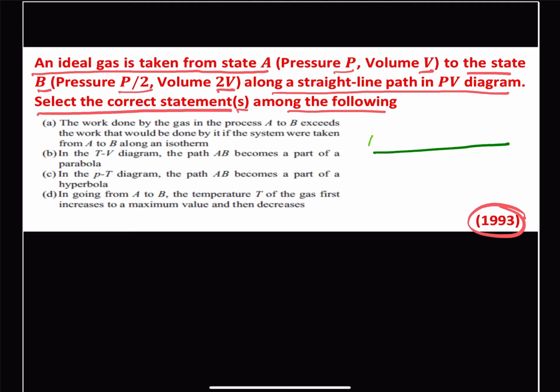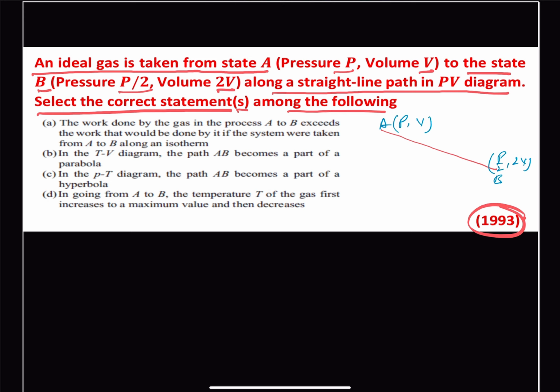This is point A and this is point B. The pressure is P and volume V, and here it is P by 2 and volume is twice V. So this kind of straight line is there.